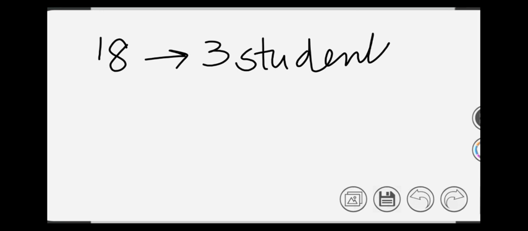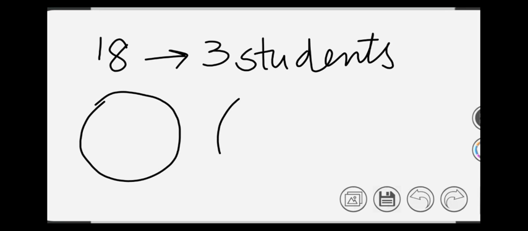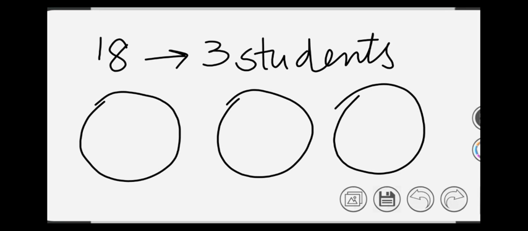Now let's see how we can do this. There are 3 students, so let us make a diagram showing 3 different students. Now we need to find, if we divide 18 balls among 3 students, how many balls each student will get.